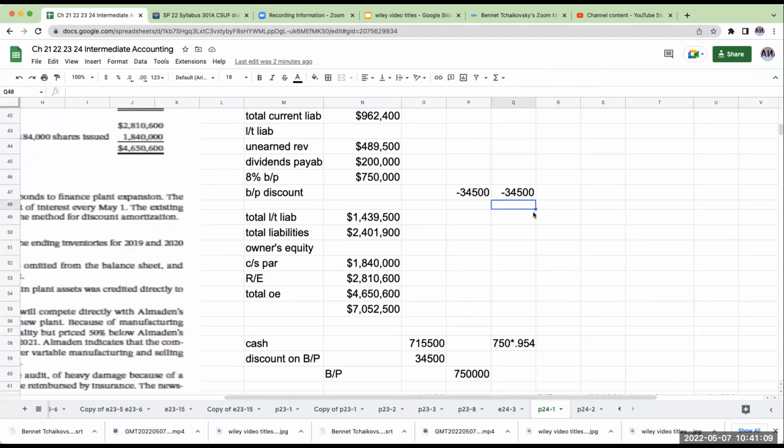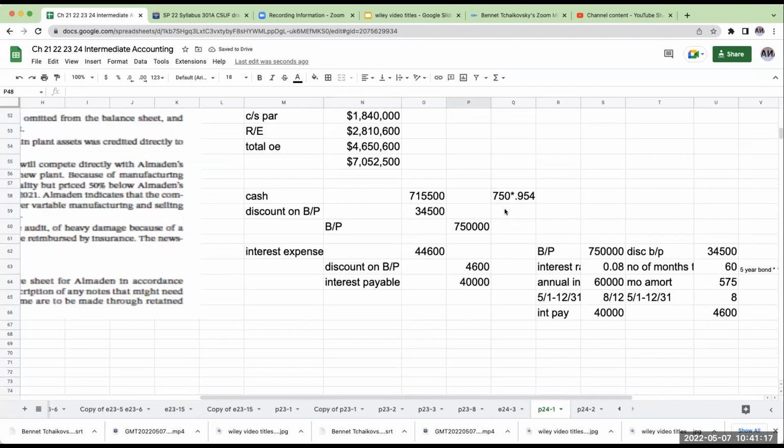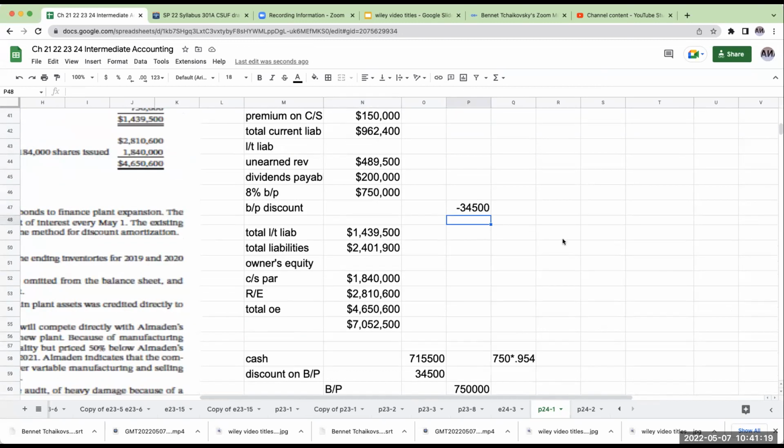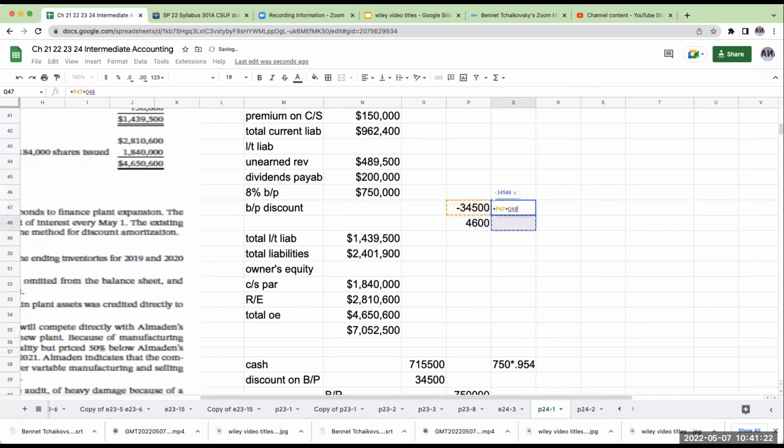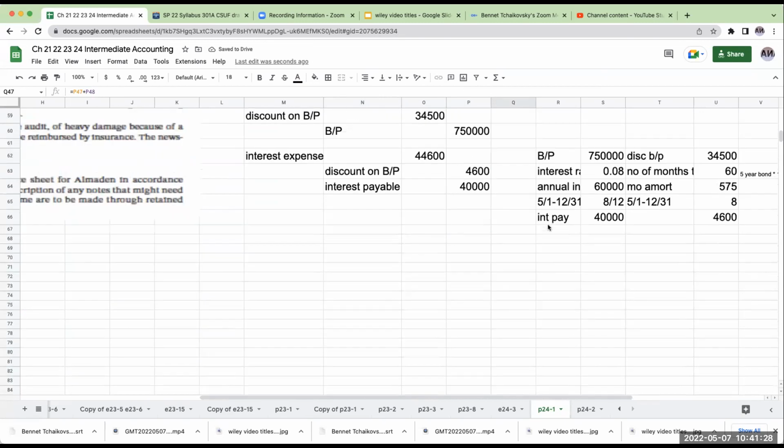So our new amount for the bond payable discount, basically with the amortization, was amortized by 4,600. So the new amount of my bond payable discount is going to be 29,900.